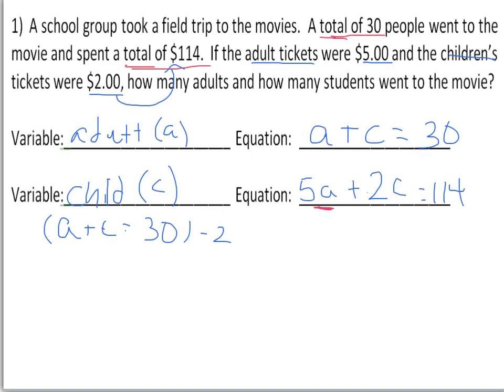That's going to be negative 2A minus 2C equals negative 60. Now I'm going to add those two equations together, and that's going to give me 3A, C's cancel out just like I want them to, equals 114 minus 60, which would be 54.